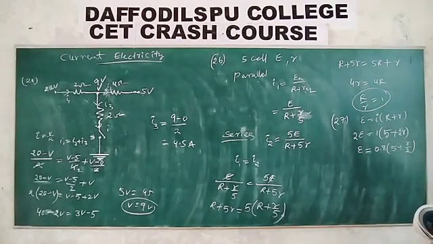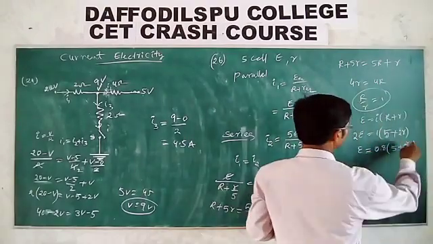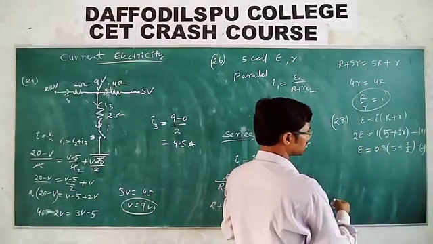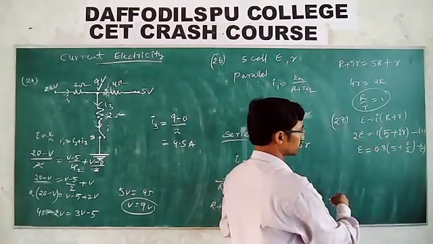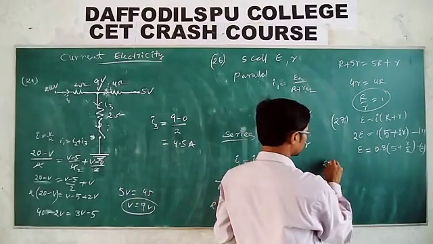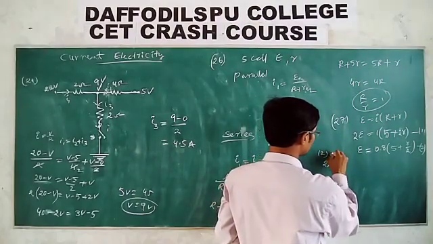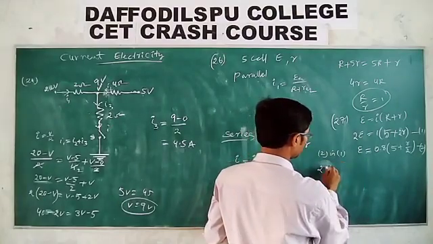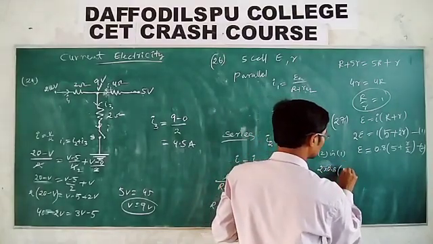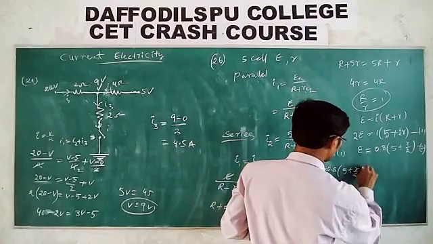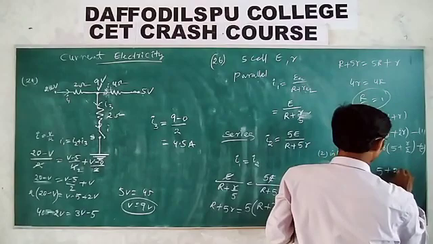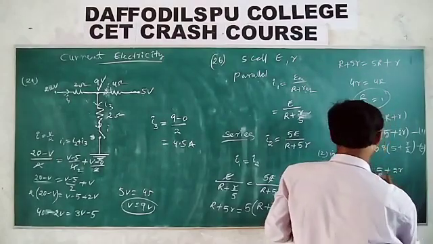But they are asking to find the internal resistance of the cell. Substitute the second equation in the first one. Then 2 in 1: 2 into, instead of E, 0.8 into 5 plus r by 2, is equal to 5 plus r.